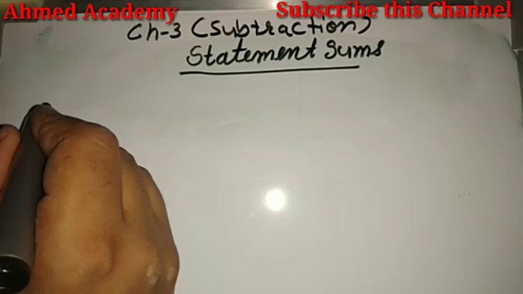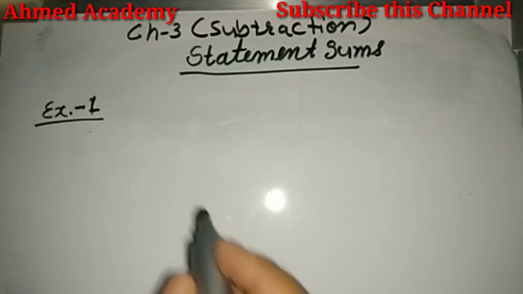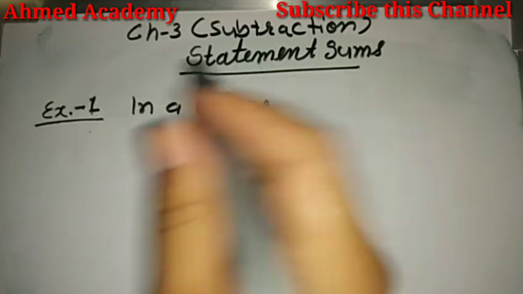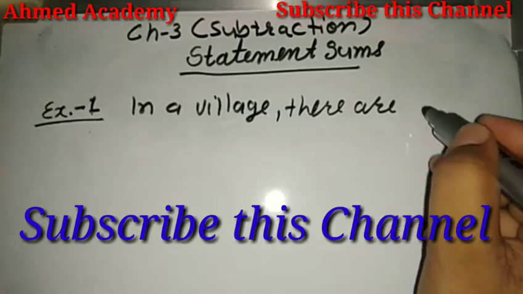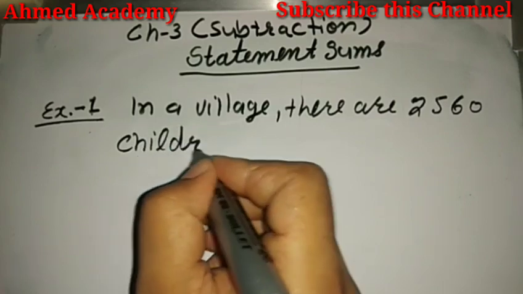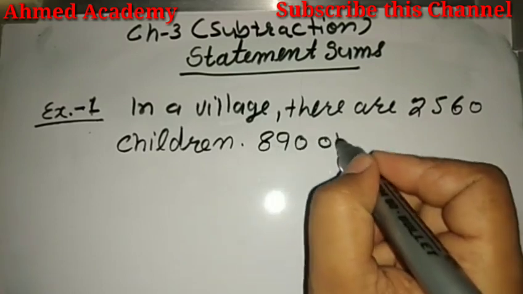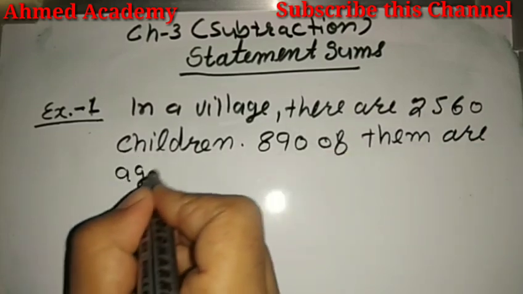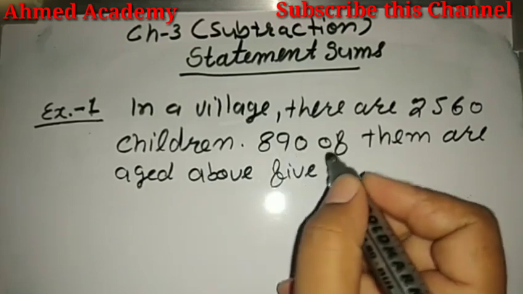So here is example number 1. In a village, there are 2,560 children. 890 of them are aged above 5 years.